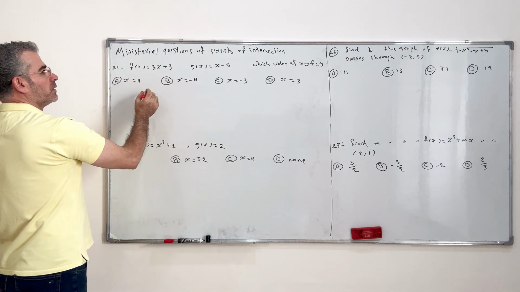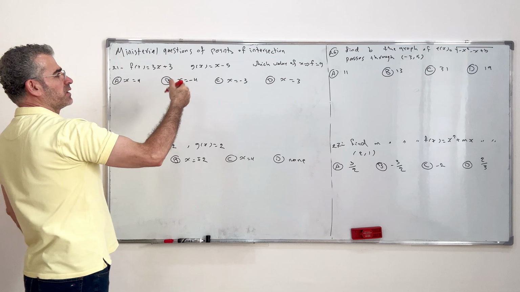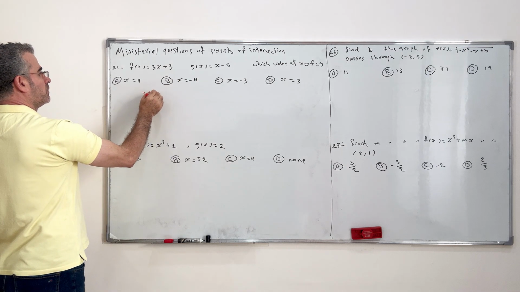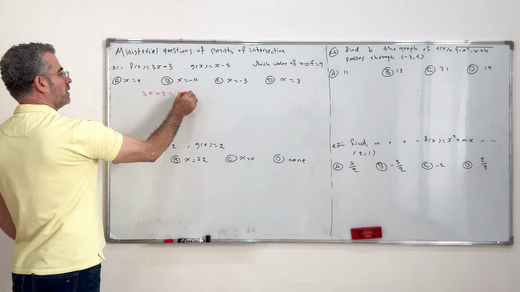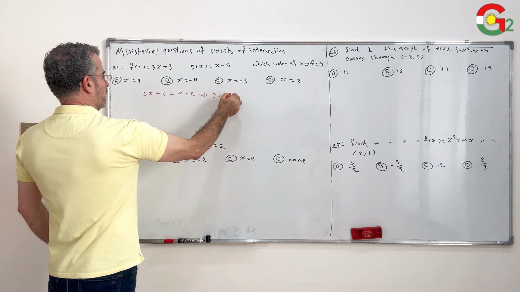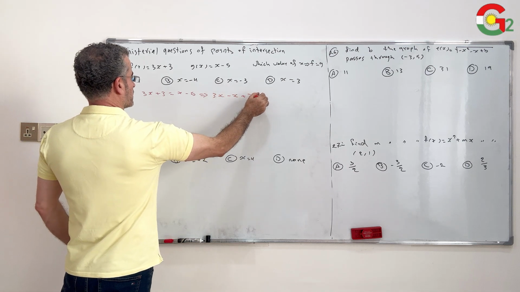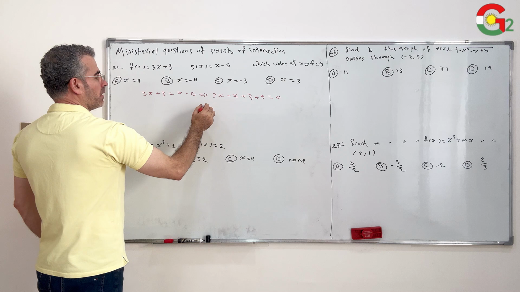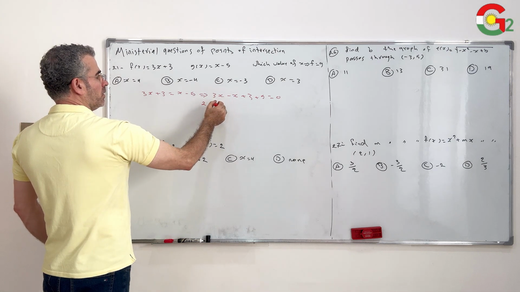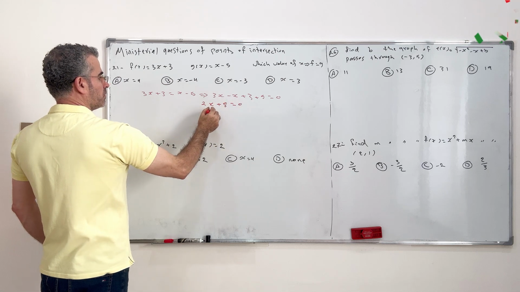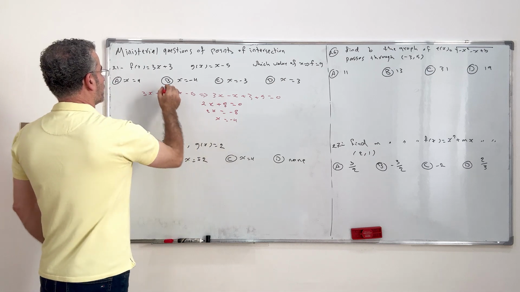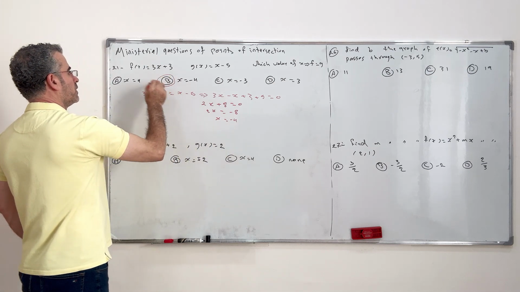Since we want to find the value of x that verifies f of x equals g of x, I set f of x equal to g of x and find the value of x. 3x minus x plus 3 plus 5 equals 0. 3x minus x is 2x plus 8 equals 0. 2x equals negative 8. x equals negative 4. Negative 4, it is choice B.